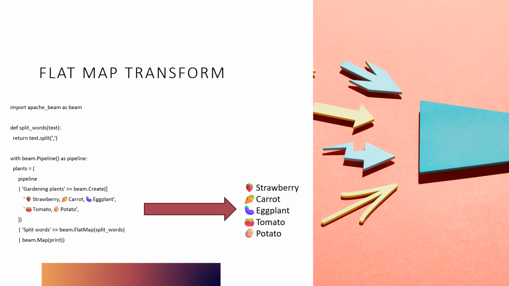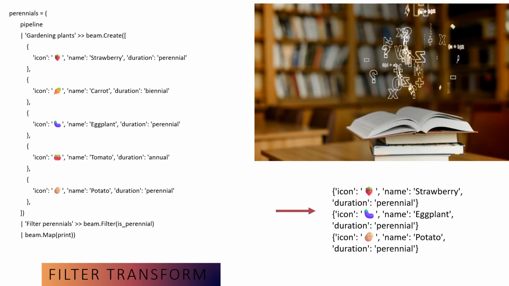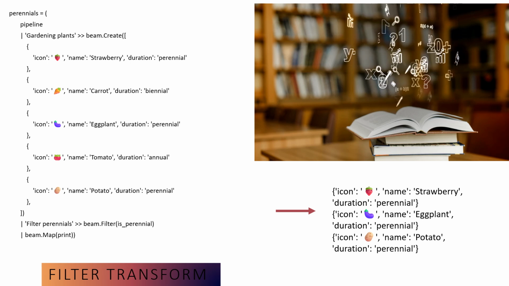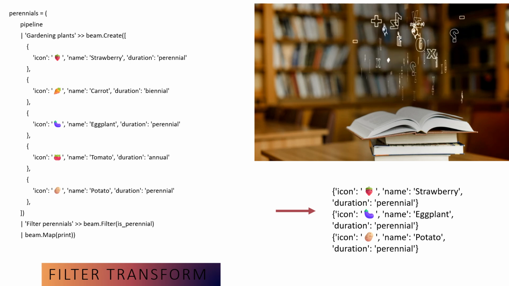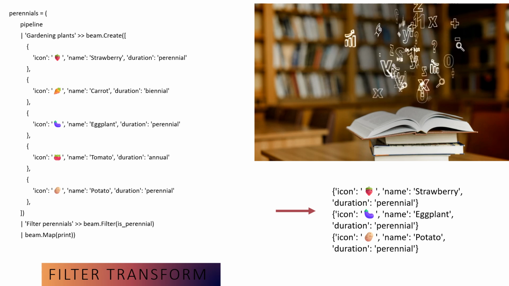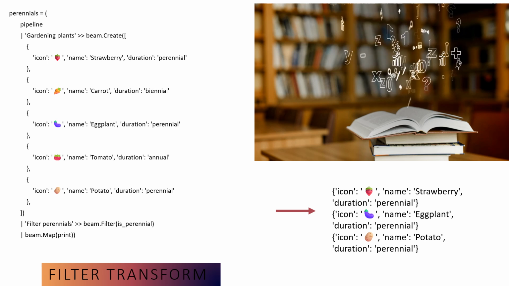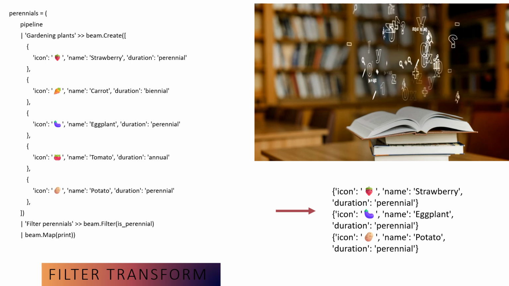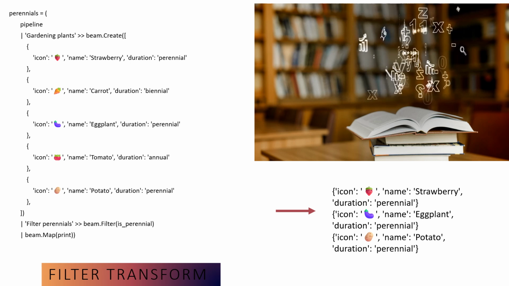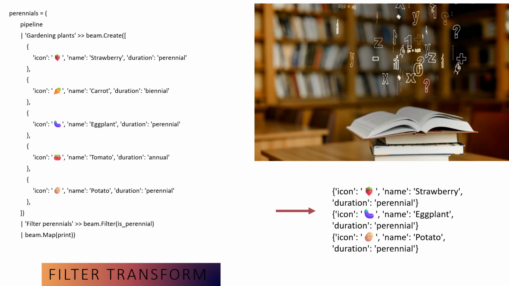Filter accepts a function that keeps elements that return true and filters out the remaining elements. In this example, we define a function isPerennial, which returns true if the element's duration equals perennial and false otherwise. Then we create a pipeline with a PCollection of produce with their icon, name, and duration.